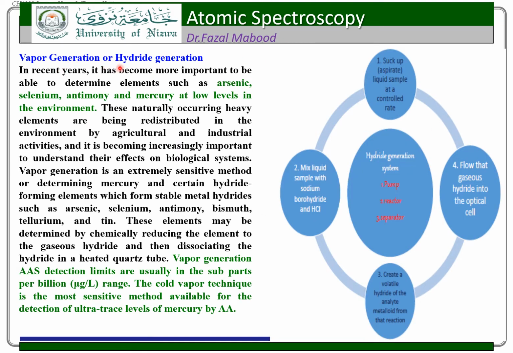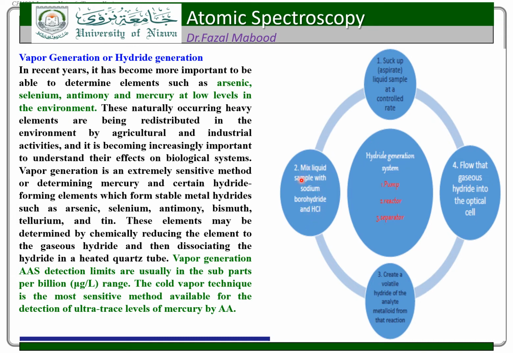Vapor generation or hydride generation system. Here you can see the hydride generation system. It consists of a pump, reactor, and separator. The first part sucks up the liquid sample at a controlled rate. Then it comes to the second stage, where the liquid sample is mixed with sodium borohydride and HCl.